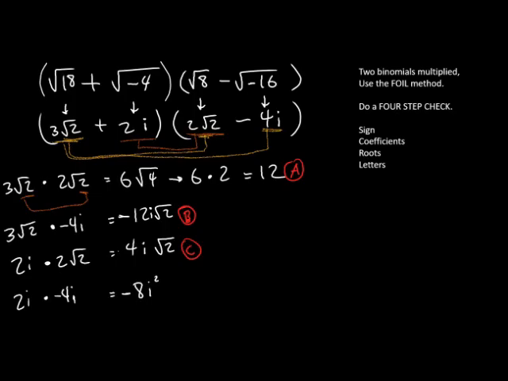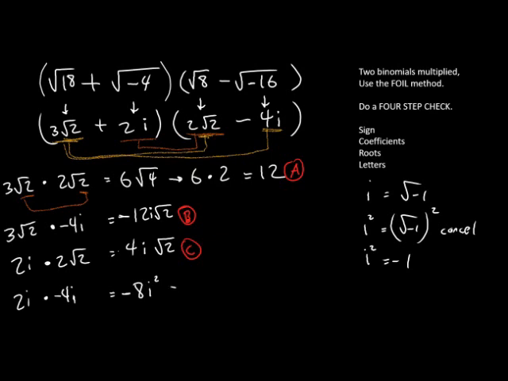Now we have one more step we have to look at because we have i squared, and i squared is a special case. We know that i is equal to root of negative 1. Therefore, i squared is the same as saying root negative 1 raised to the second power. However, the square root and the square will cancel out, meaning that i squared really just stands for negative 1.